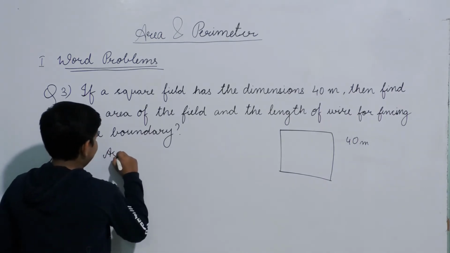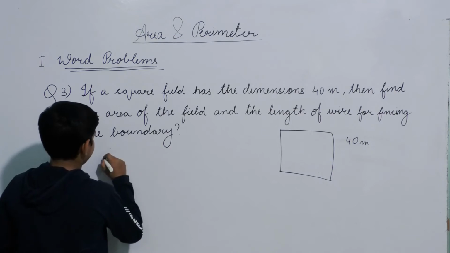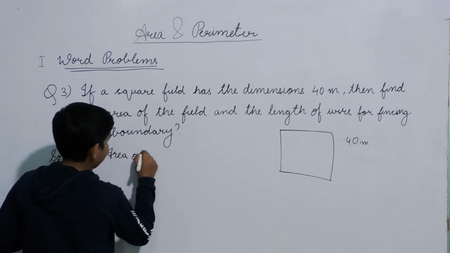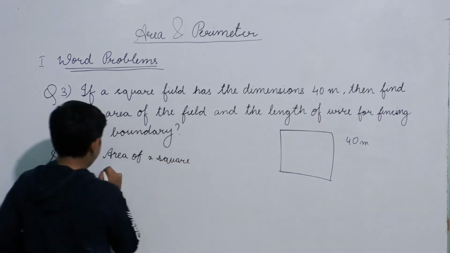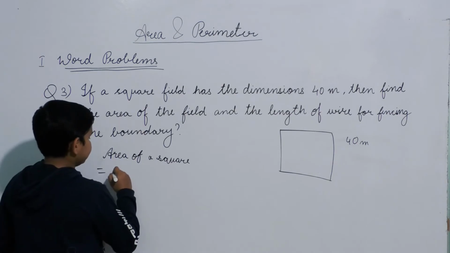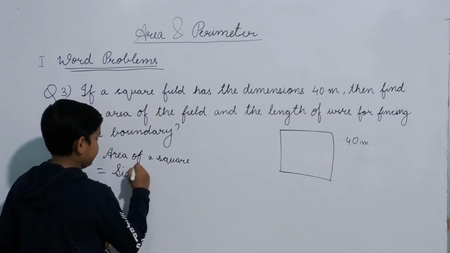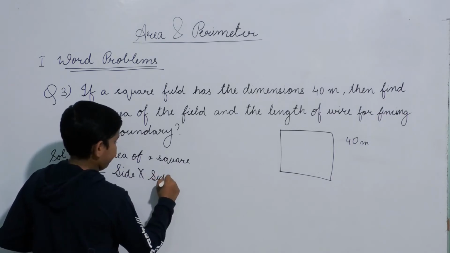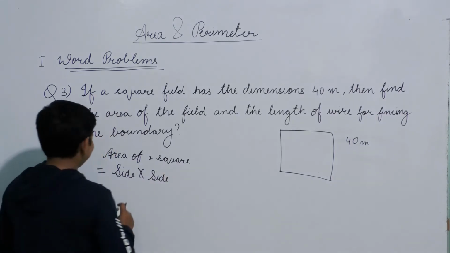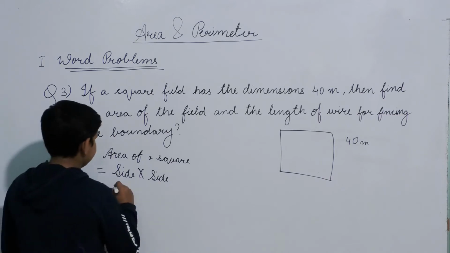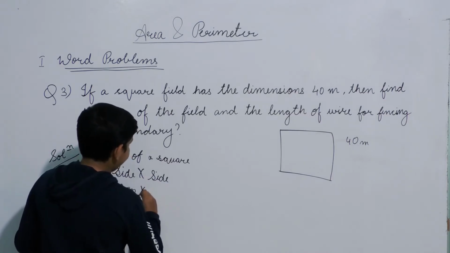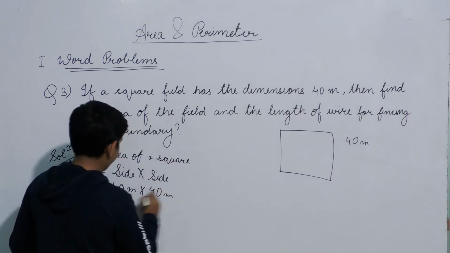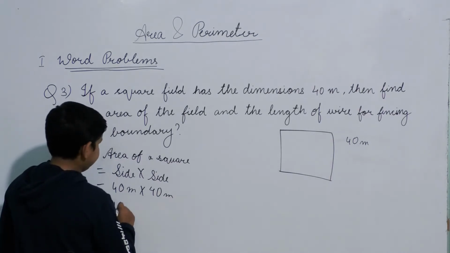So let's solve. First we'll find the area. To find the area of a square, there is a formula of side into side. So we will rewrite this question as 40 meters into 40 meters. 4 into 4 equals 16, and there are 2 zeros, so we will add 2 zeros.